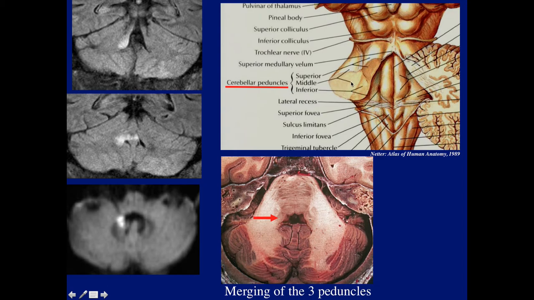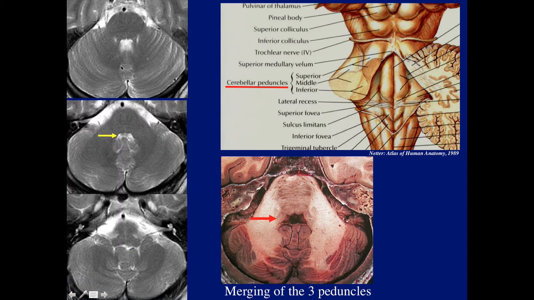Here on Netter's diagram, we see the superior, the middle, and inferior cerebellar peduncles in this location on the specimen, and here we can see the stroke in the same location. So it would be involving all three peduncles, although here it only shows the involvement of the superior and a little bit of the middle cerebellar peduncle. That would be the location on a normal specimen MR.